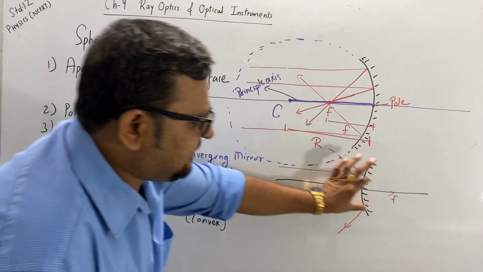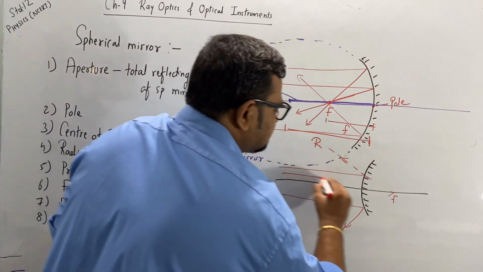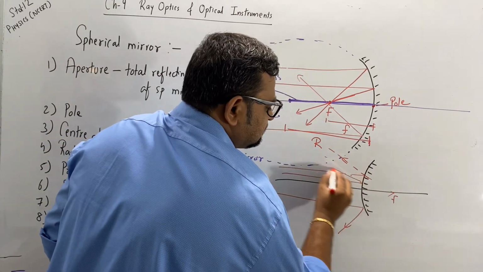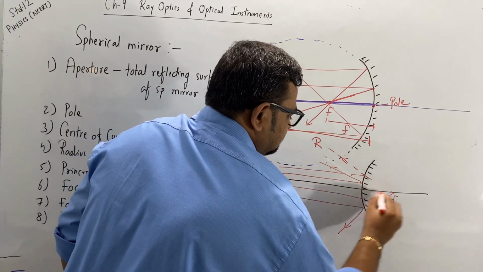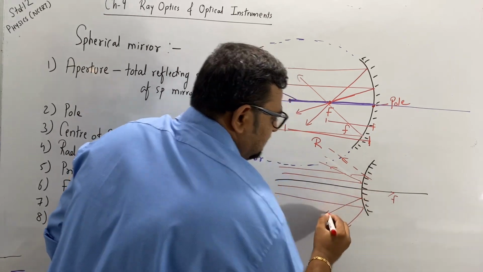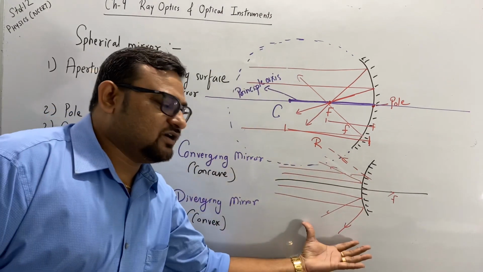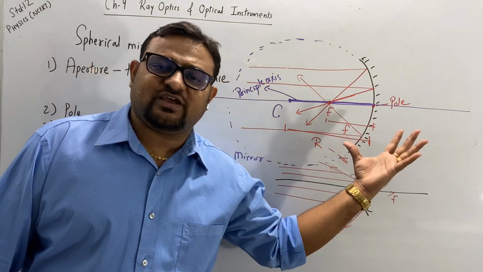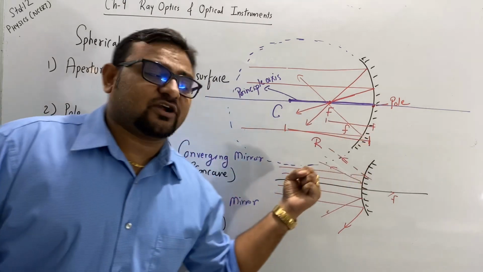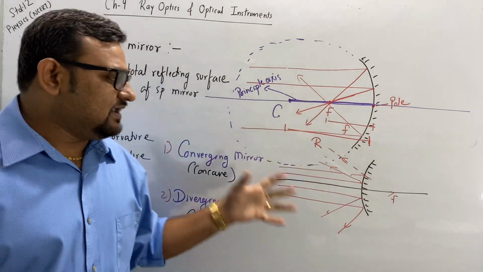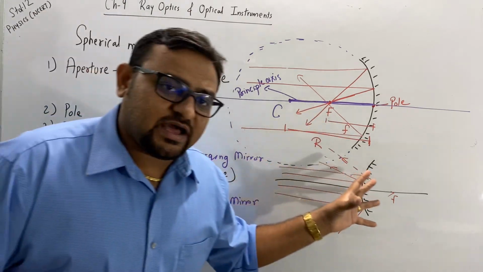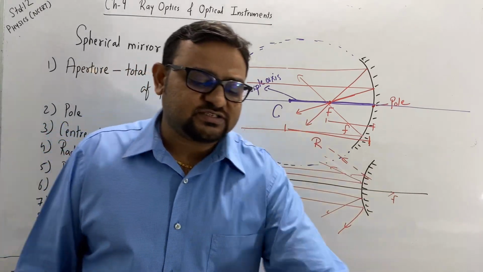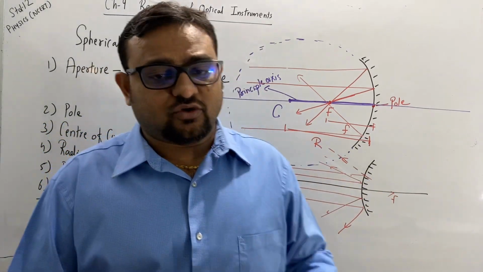See, they are appearing to diverge from the focus. Clear? So that is diverging mirror. In converging mirror, when parallel rays are incident on the surface, they are converged at a common point, focus, and in diverging mirror, they seem to diverge away from the focus. This is diverging mirror. Okay.